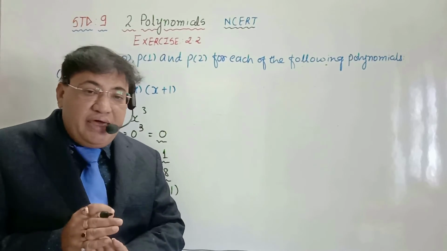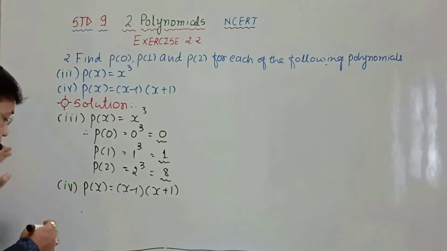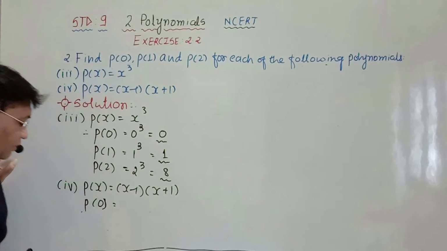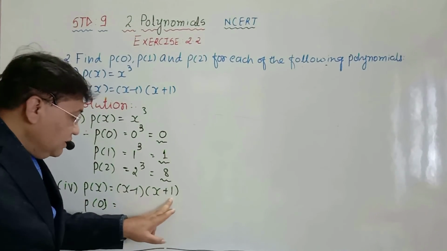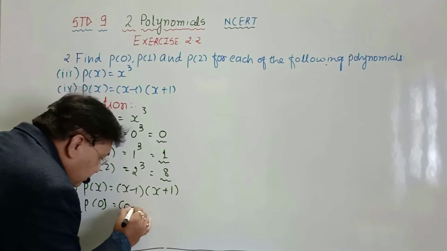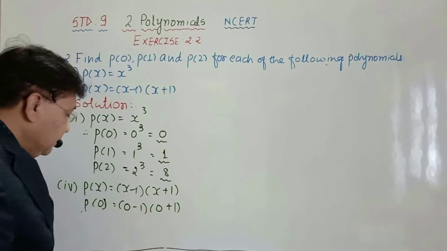So in place of x we write 0, 1 and 2 respectively. So first we write 0. In the RHS, in place of x, we write 0. So here 0 minus 1 into 0 plus 1. Right?